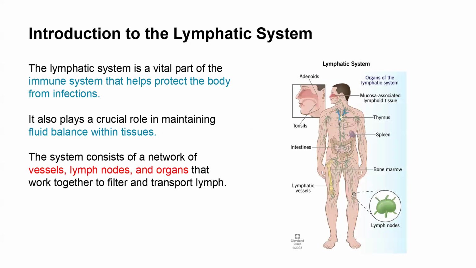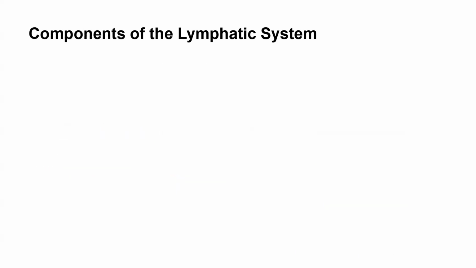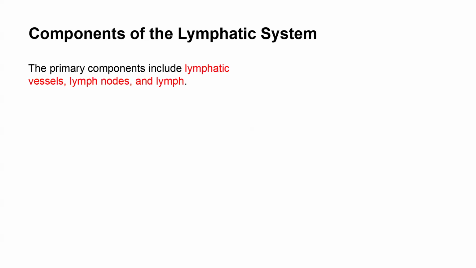And this is the lymphatic system and some important organs that are associated with it, where we have lymphatic vessels, bone marrow, spleen, thymus, tonsils, and intestines. All these are components of the immune system. So now let's look at the components of the system as well as their structures and functions.